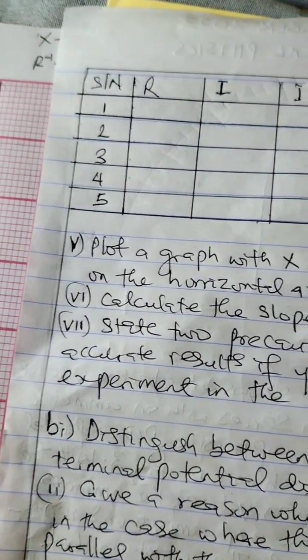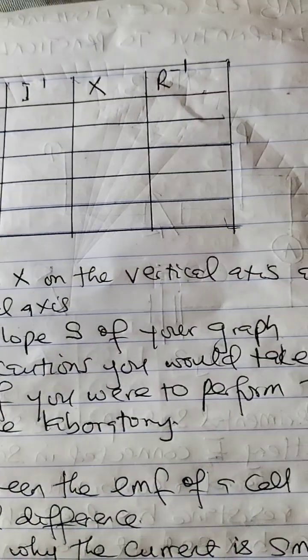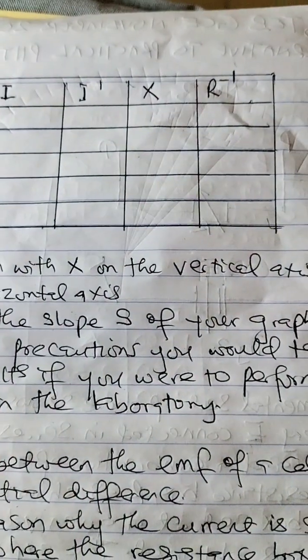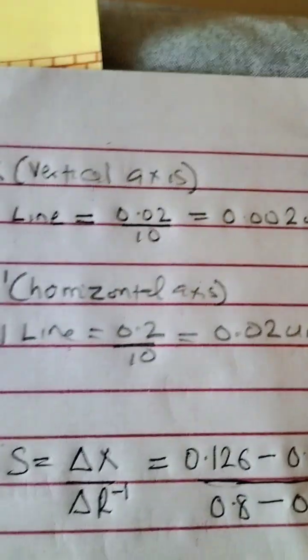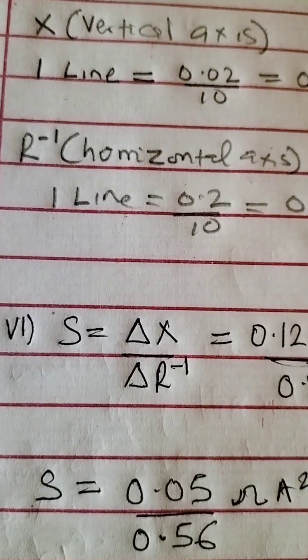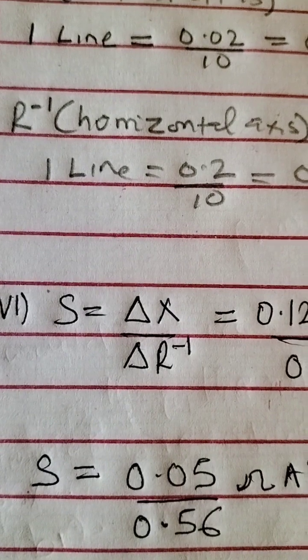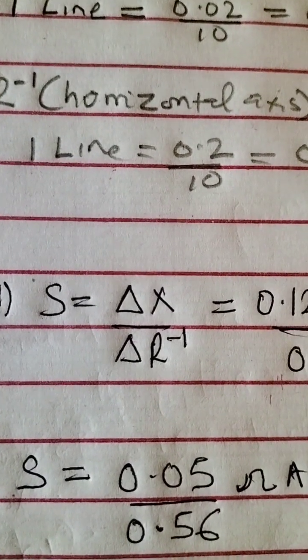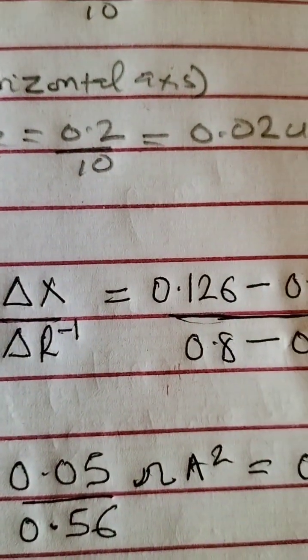Question VI says we should calculate the slope S of the graph. The slope of the graph S is equal to the change on the vertical axis, that is delta S, all over the change on the horizontal axis.